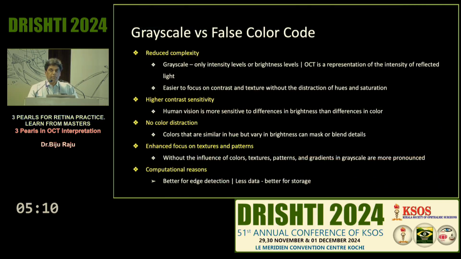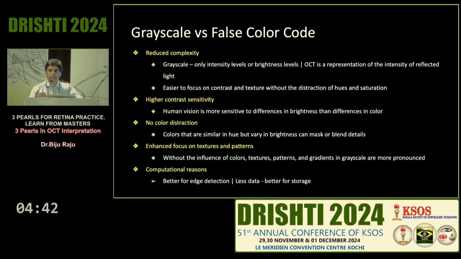OCT is essentially a representation of the intensity of the reflected light, and the grayscale is the intensity in levels of brightness. So it is an ideal mode to look at the layers and changes in the retina with OCT. When you have color, it's a false color coding, with color hues for the different brightness.